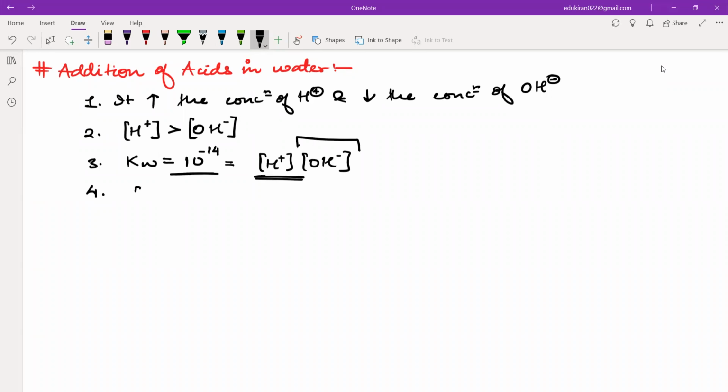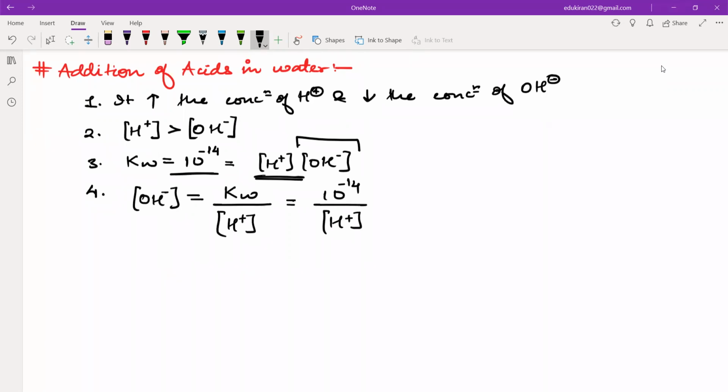Hence, in an acidic condition, the concentration of OH negative will be equal to Kw divided by the concentration of H positive that will be given. If you're adding an acid, you should know how much acid you are adding. This will be equal to 10 to the power minus 14 divided by the concentration of H positive.